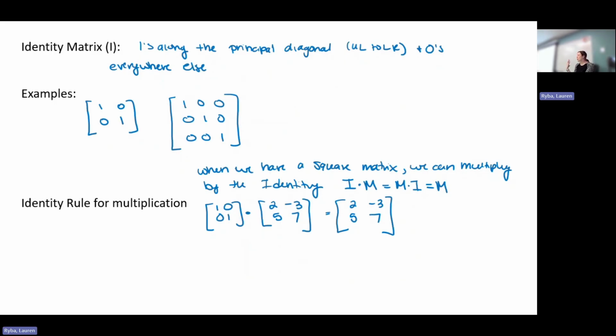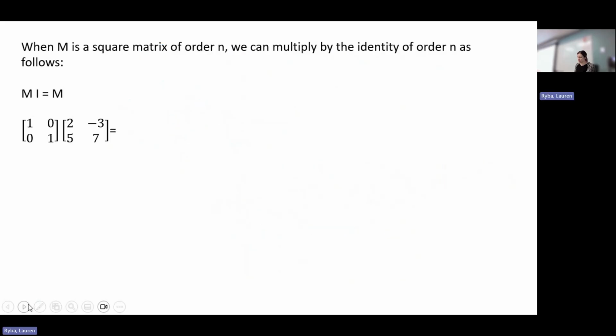So the regular identity property for multiplication: I could take 5 times 1, it's still 5. I could take 22 times 1, it's still 22. So it's the same rule that's happening here. The multiplication rule is 1 times any number keeps it that number. So we can expand it to matrices, and it's the identity times the matrix keeps it the matrix. That was actually supposed to go on this slide here, but we made it work.